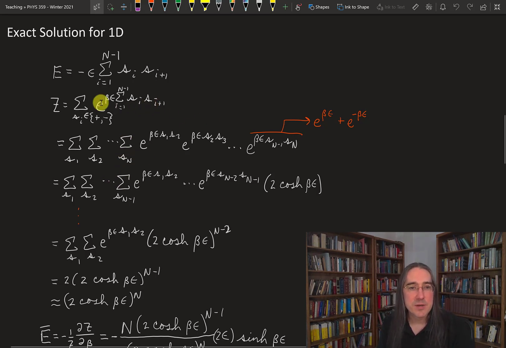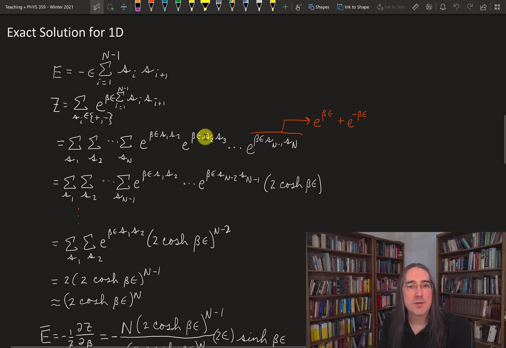And what's the thing we're summing? Well, it's e to a big sum, which means we can factor it as a product. So e to the beta epsilon S1, S2, e to the beta epsilon S2, S3, and so forth all the way out. And now the key observation is the spins at the 2 ends are only involved in one term of this product.